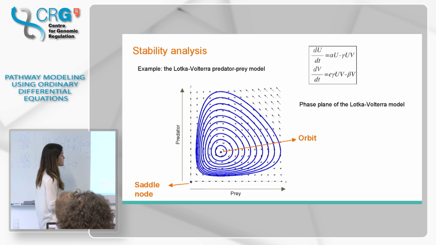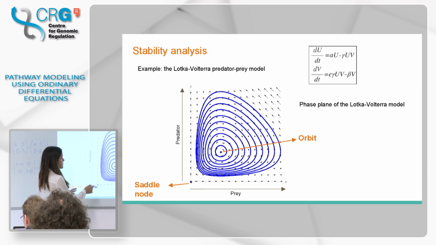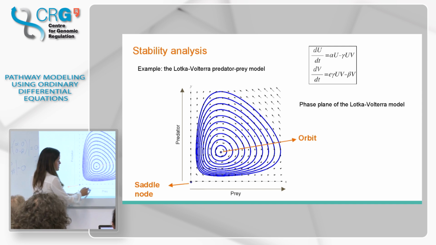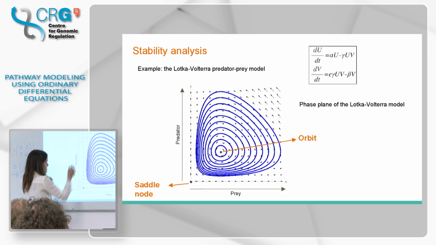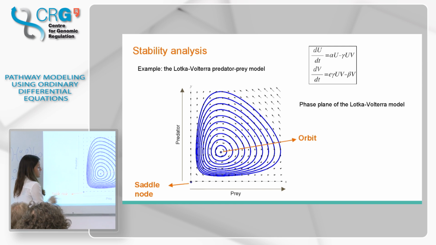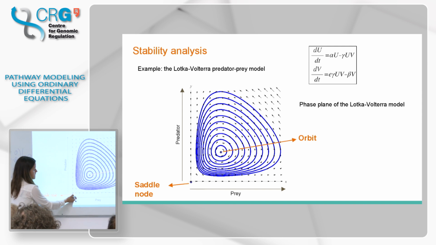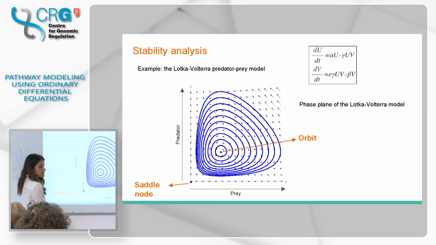In this plot, I'm showing you, well, this is a phase plane plot, which means it represents the different possible concentrations or numbers of prey and predator. So we have the two steady state points. Here we have the saddle node, which is when we have no prey or predator. If we move across this line, we have more predator, but there is no prey, so they will die, and we will come back here.